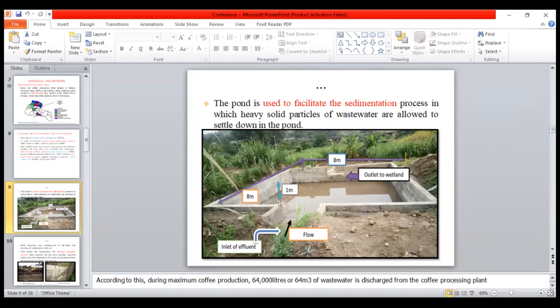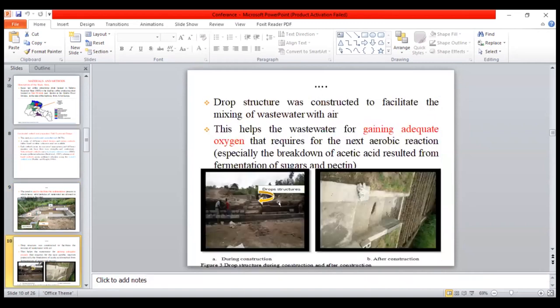As you can see, it's 8 meters wide, 8 meters long, and 1 meter deep. A drop structure was also constructed, and this helped to gain the adequate oxygen required for the next aerobic reaction.